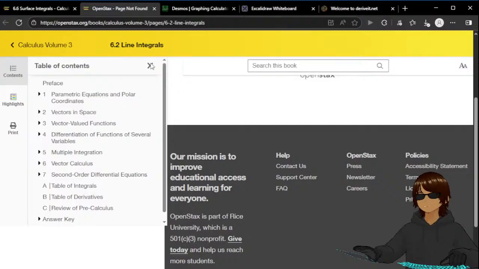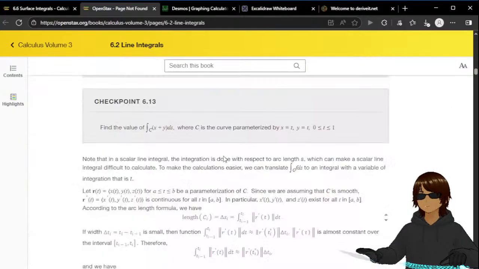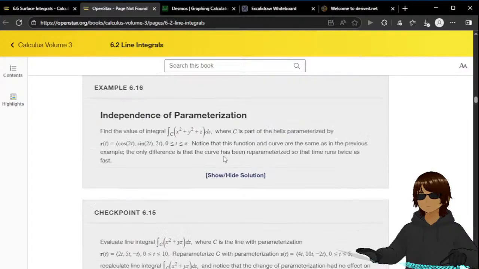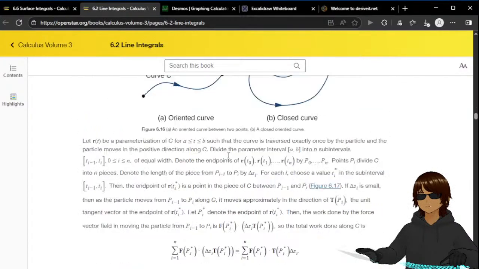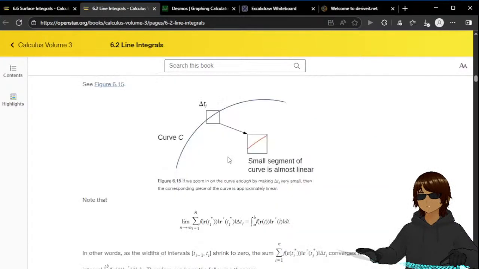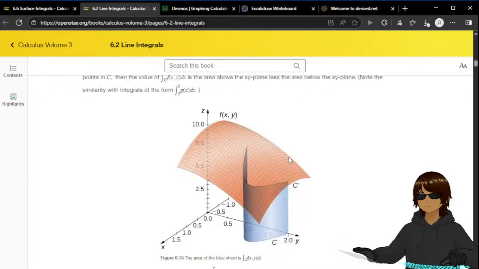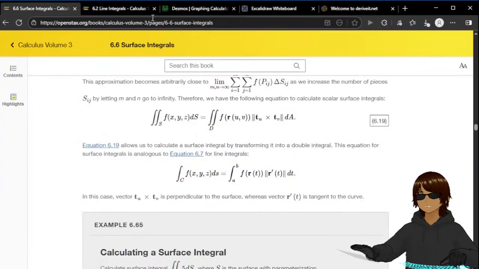So line integral gives area. That I know. I think they have a picture here somewhere. Yeah, line integral gives the area of this blue sheet, for example.